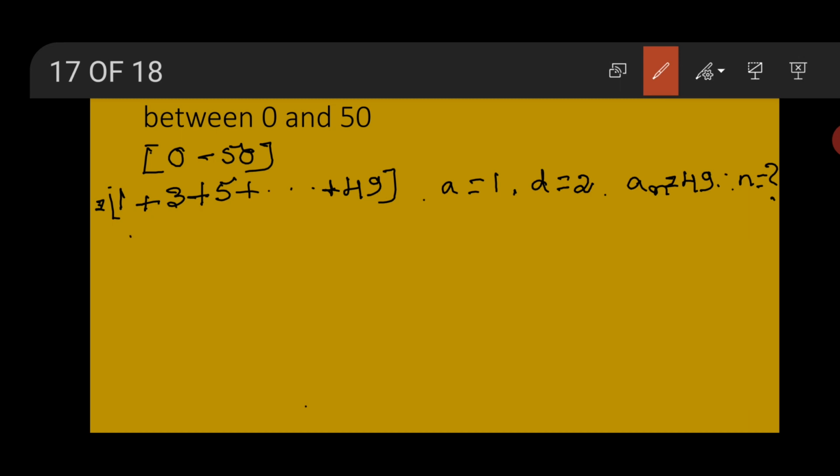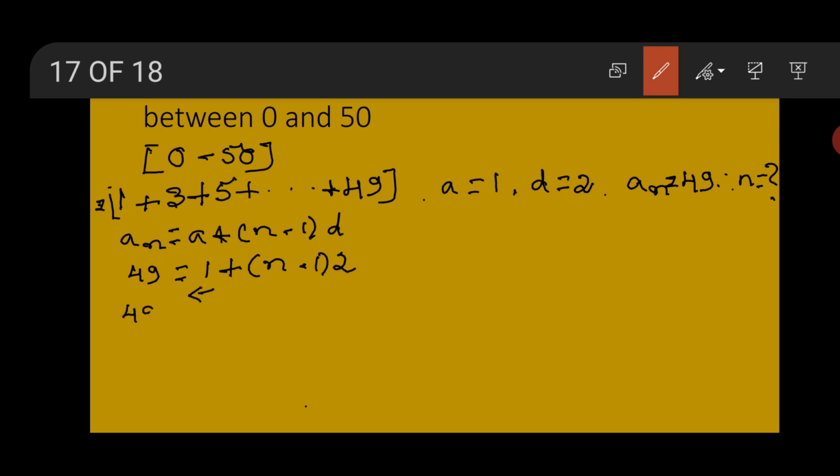So use the formula for the nth term of an AP: an is equal to a plus n minus 1 into d. Now substitute the value of an. 49 is equal to the value of a, 1, plus n, the unknown, minus 1 into d, whose value is 2. Carry the 1 to this side.